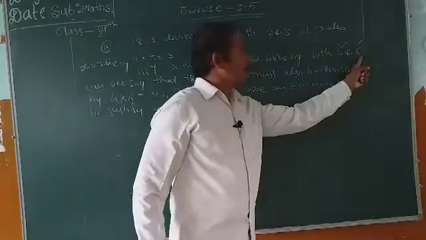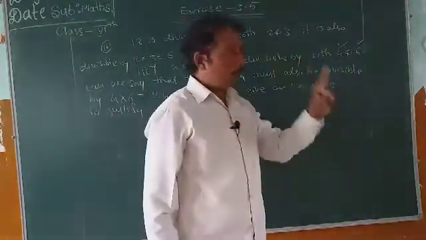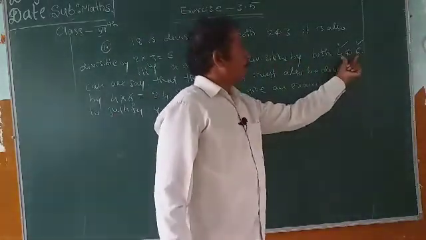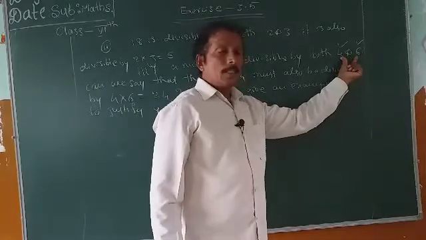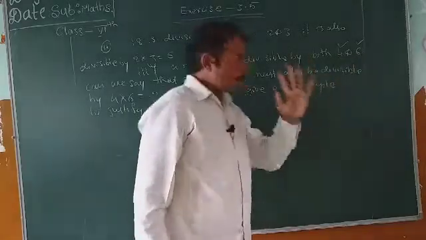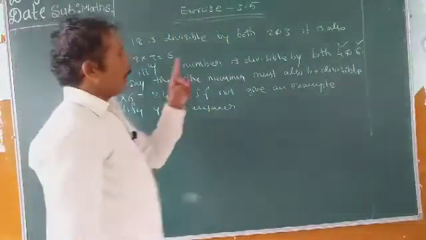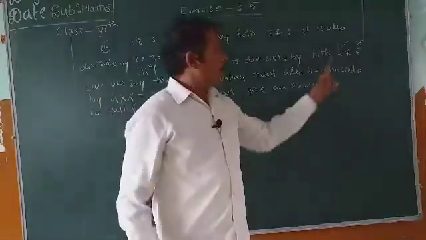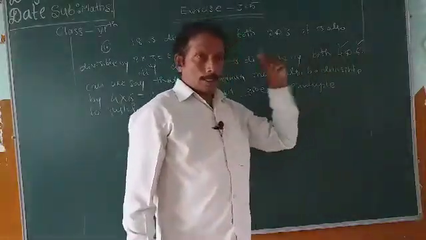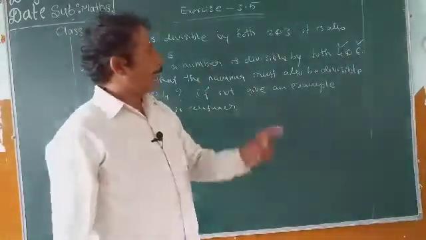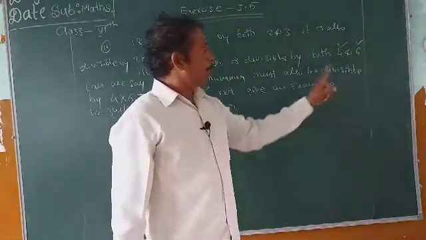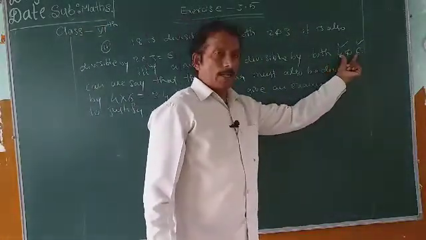Product of 4 and 6 is 24. Therefore, the number must be divisible by 24. No doubt, we can say that a number which is divisible by 4 and 6 will be divisible by the product of 4 and 6.